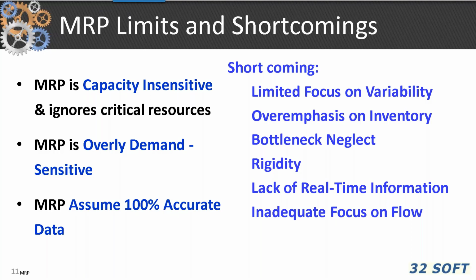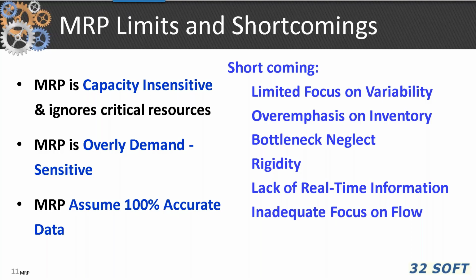It's a very sensitive interface. MRP is overly demand sensitive. So we do sales and operations planning above MRP. We have time phases, we have forecasts, we ensure lead time accuracy so that we are not sensitive to those demand changes.